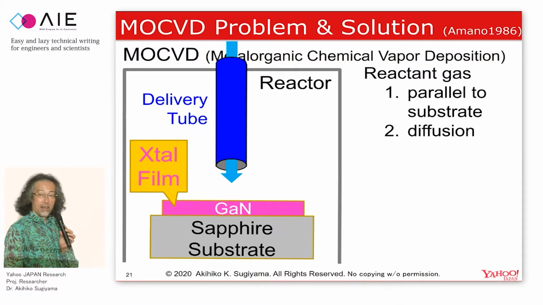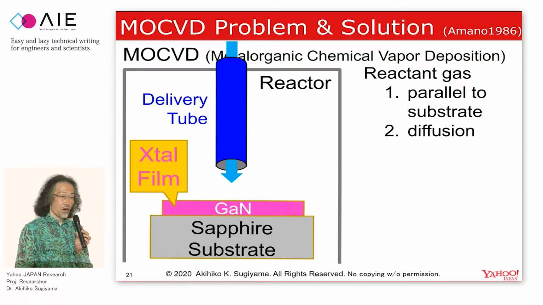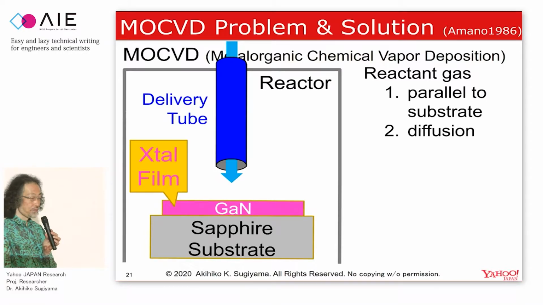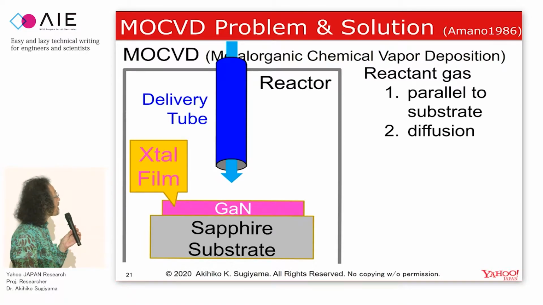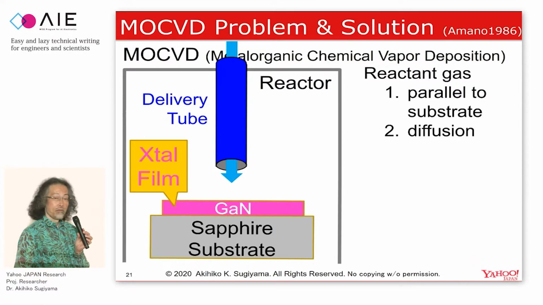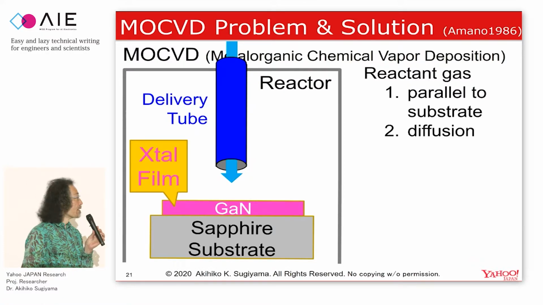So there was one proposal by Professor Amano, who is also a Nobel laureate at the same time. He introduced a vertical tube here called the delivery tube.